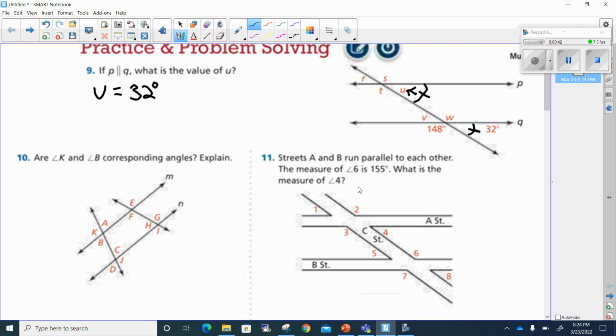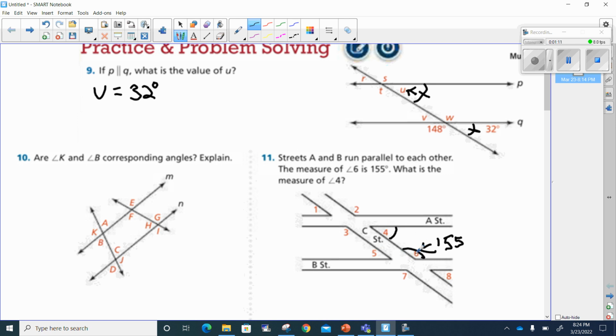All right, number 11 is next. It says street A and street B are parallel to each other. Measure of angle 6 right here is 155. They want to know what is the measure of angle 4. Well, we know because angle 4 and angle 6 are opposite the line.